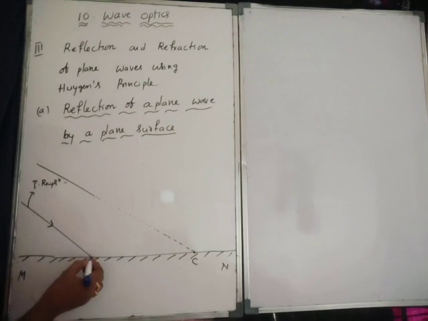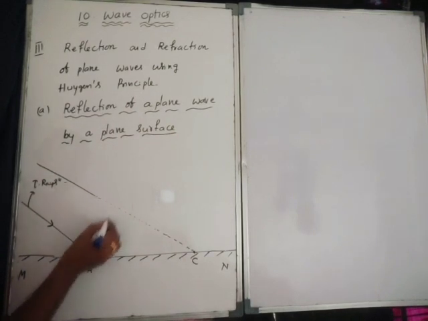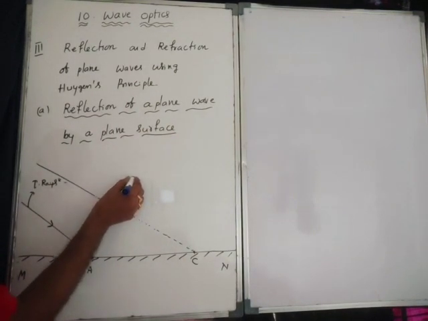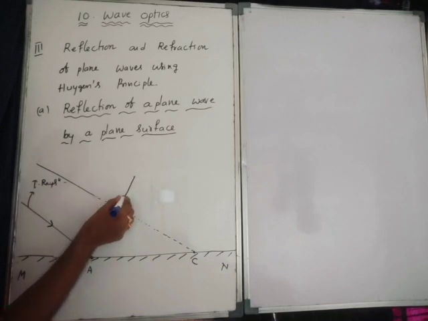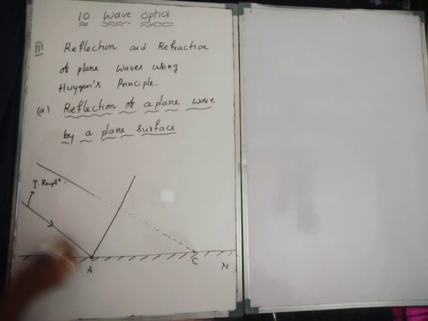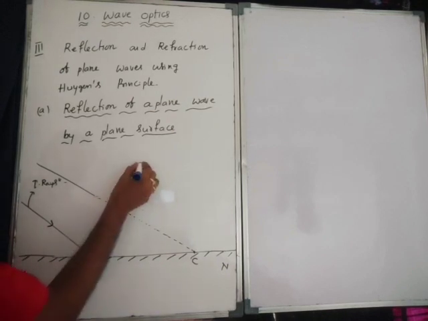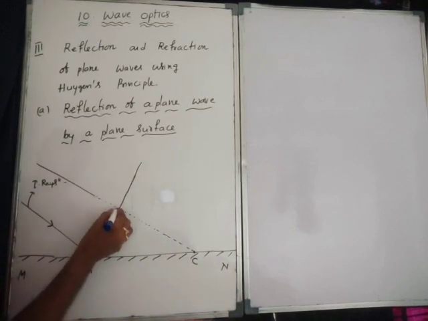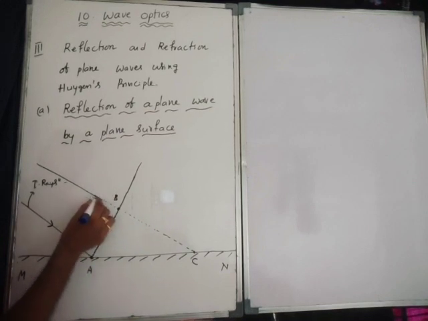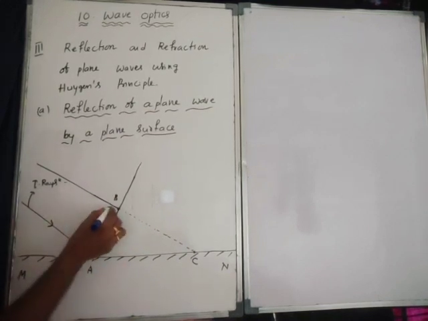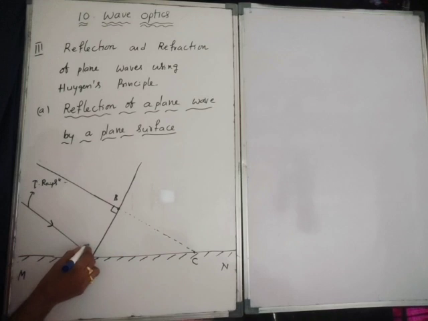So this is our incident wavefront. I will call this point B and this point A. Here the angle is how much? 90 degrees. Here also the angle is 90 degrees.